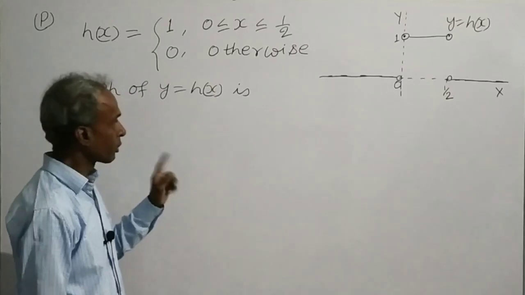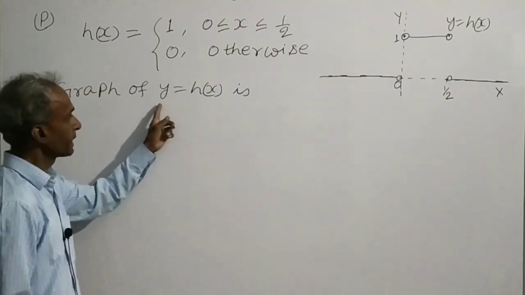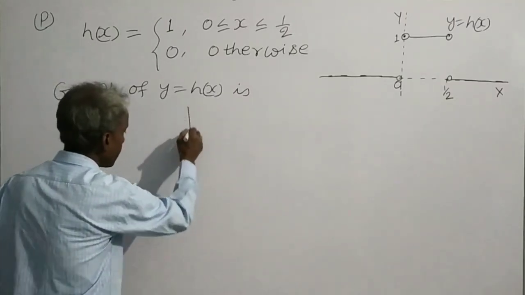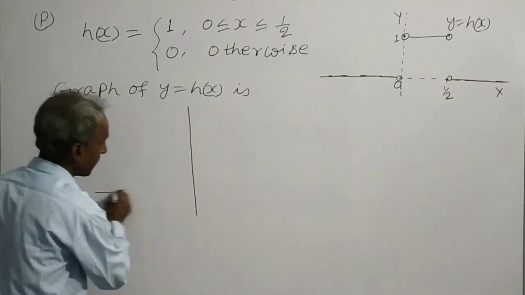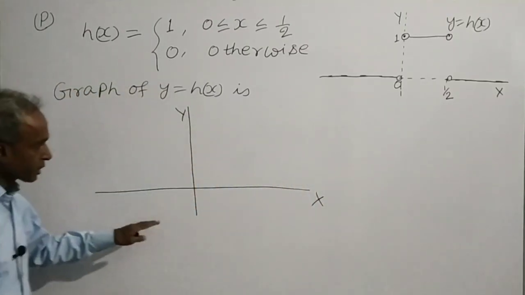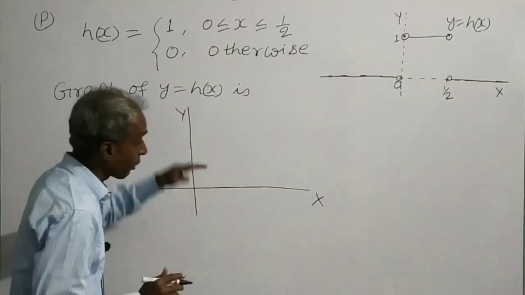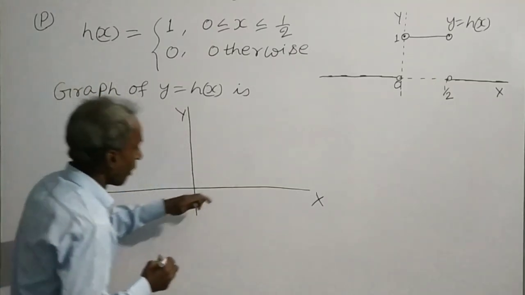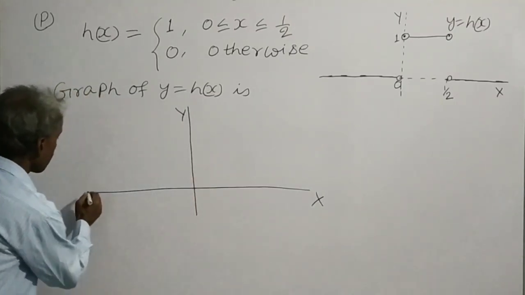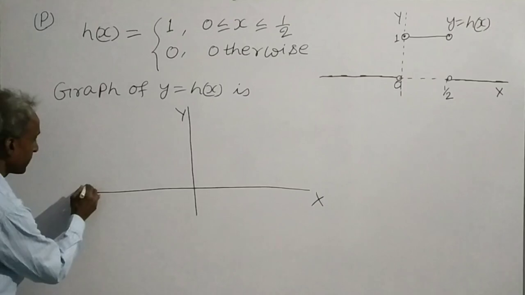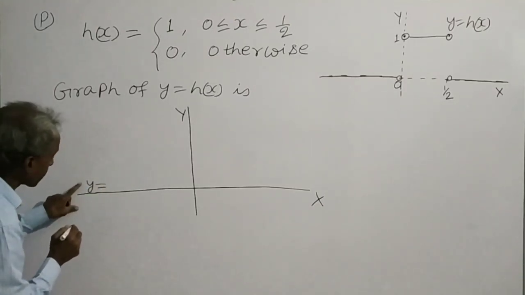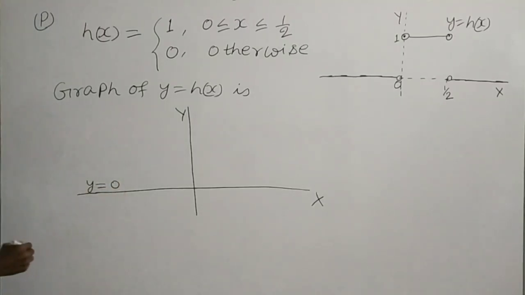Now we want to draw the graph of y is equal to Hx. This is the y-axis, this is the x-axis. The y-coordinate of all points on the x-axis is 0. Therefore, the equation of this x-axis is y is equal to 0.